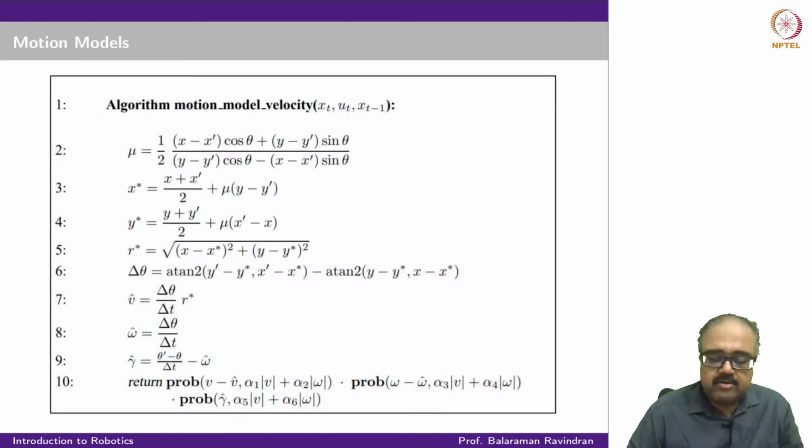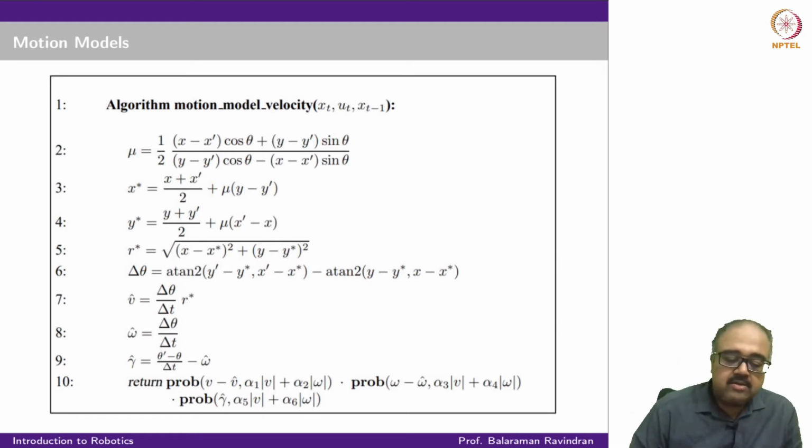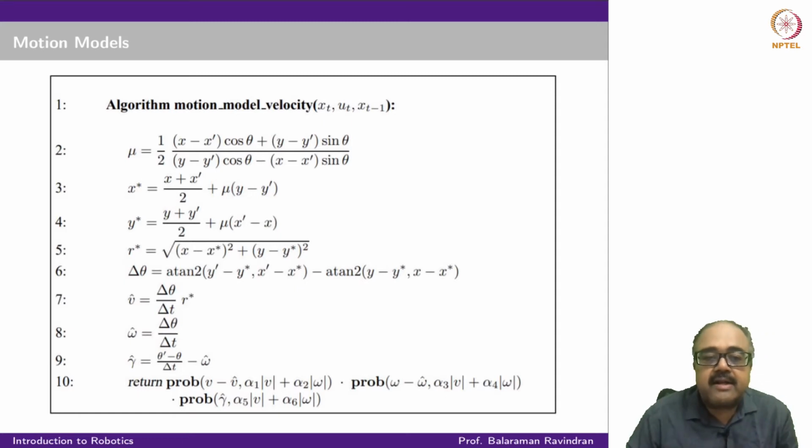So what I'm going to do right now is assume that x and x prime are the starting x coordinate and the ending x coordinate of the motion, and y and y prime are the starting y coordinate and the ending y coordinate of the motion, and theta was the orientation that I was originally facing. Remember that my forward movement would be along the direction theta. So the center of the circle that I will be following is given by x star and y star as this equation.